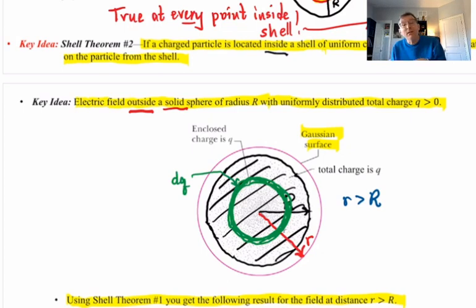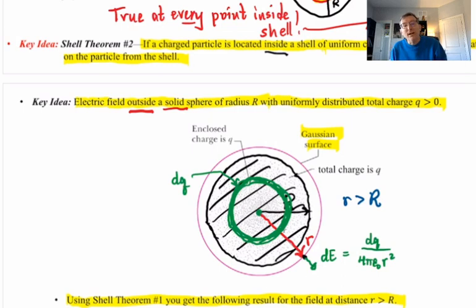Well, for that shell, if I want to know the contribution to the electric field at a point right there, say, which is outside, I just collapse the shell to a point at the center. dq now would be at the center, and the electric field dE from that would have a magnitude of dq over 4 pi epsilon 0 little r squared, because I will have collapsed the shell to a point particle right there at the center, which is a distance little r from this point.